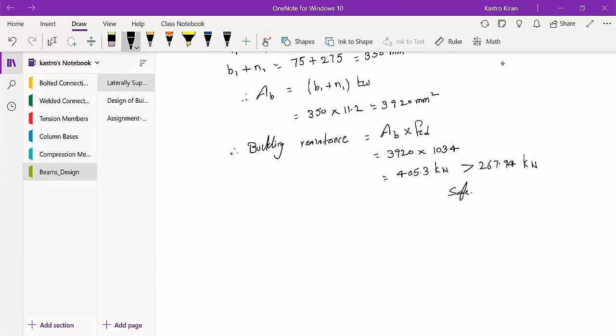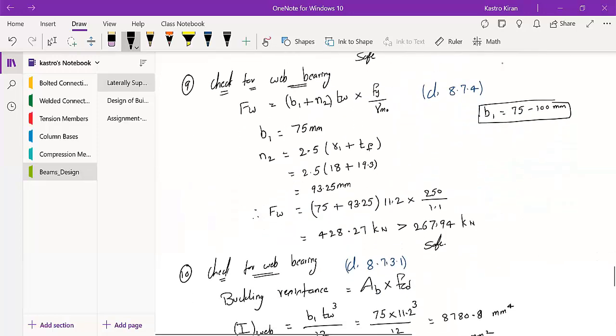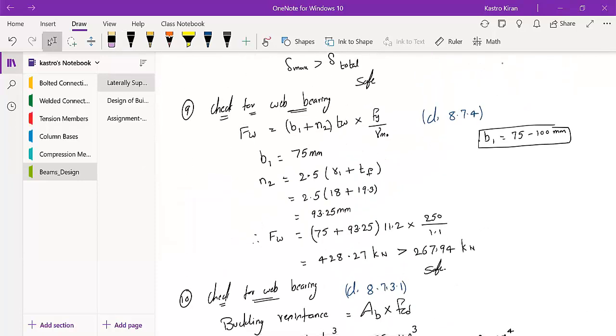So this is the entire process of solving a laterally supported beam when you have more than one loading condition. Here you have the dead load, and also the point load as well as the uniformly distributed load. When a combination of loads is given, you have to solve two additional steps, that is check for web bearing and also check for web buckling.